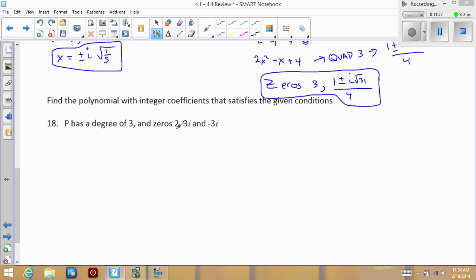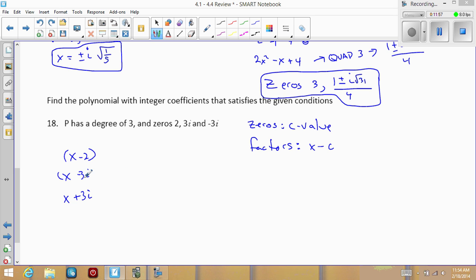But we're going to take each one of these zeros, and each one of these zeros is the C value. So your zeros are the C value, and the factors are created by doing x minus C. So x minus the 2, x minus the 3i, and x minus the negative 3i, which gives you x plus 3i.